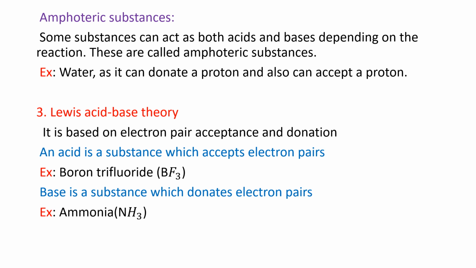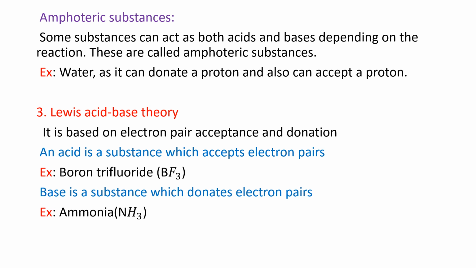Now let's switch to one more theory, that's nothing but the Lewis acid base theory. This theory is majorly based on electron pair acceptance and donation, whether the electron pairs are accepted or whether they are given.